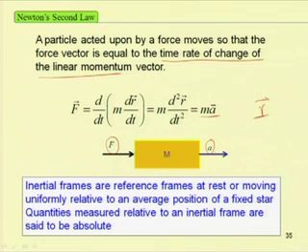But in a moving system, let the system be moving with an acceleration a. If a force of minus m a is applied to the system, then the body can be in equilibrium. So, F minus m a will be equal to 0.